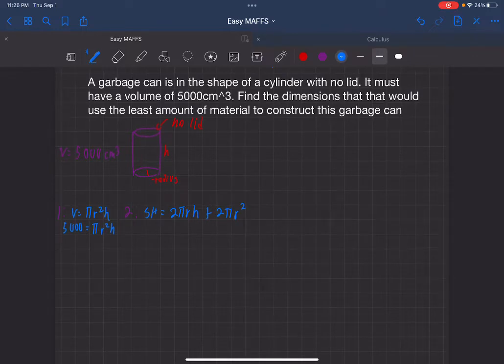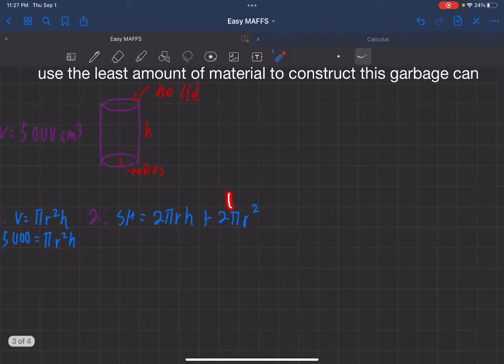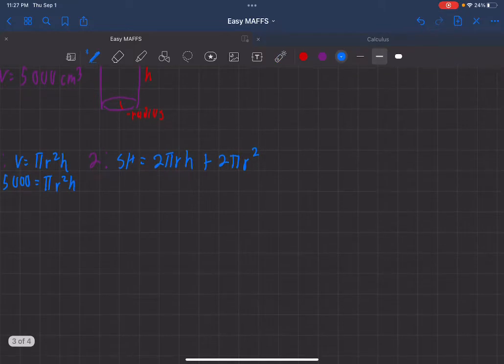Well, there's no lid. So this 2 pi r squared represents this circle, pi r squared, and this circle. But because there is no lid, we can get rid of that 2 and turn it into a 1. So our surface area is equal to 2 pi r times the height plus pi r squared.